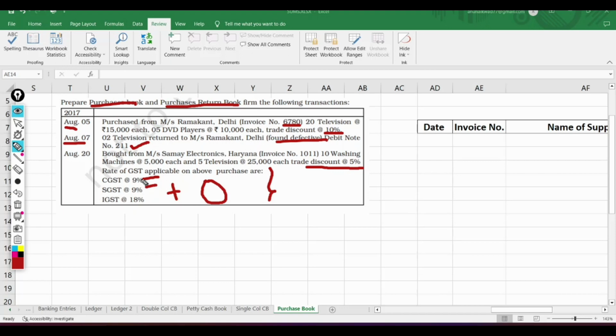So together 18%, half is contributed towards CGST and half is paid towards SGST. Now what is IGST? When the purchase takes place between two different states, then IGST is applicable. IGST stands for Integrated Goods and Service Tax.